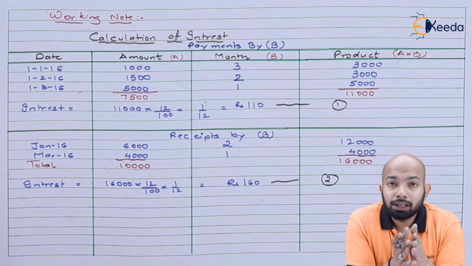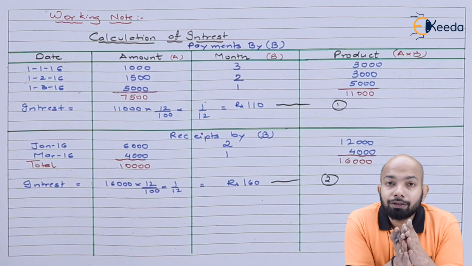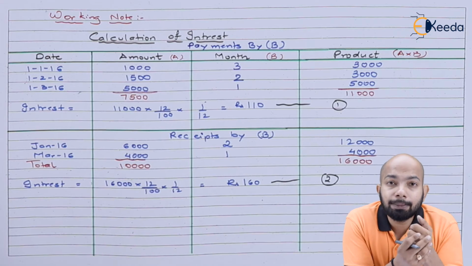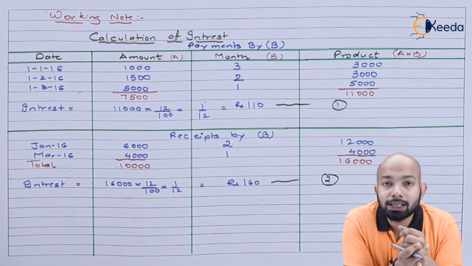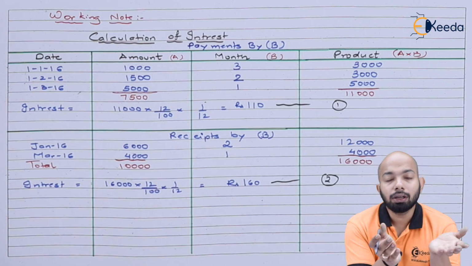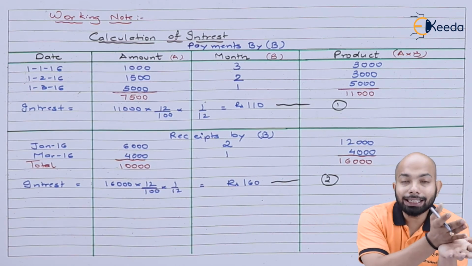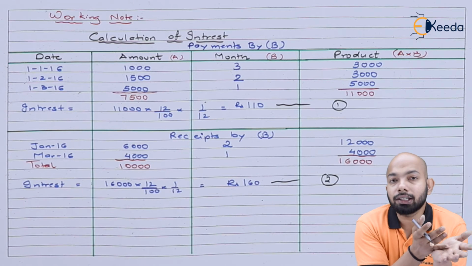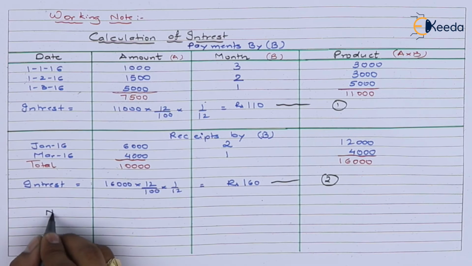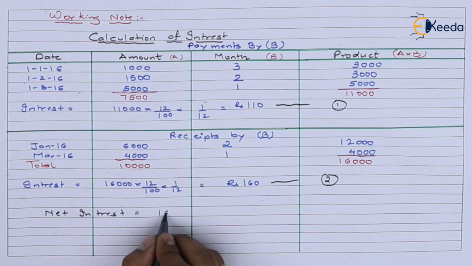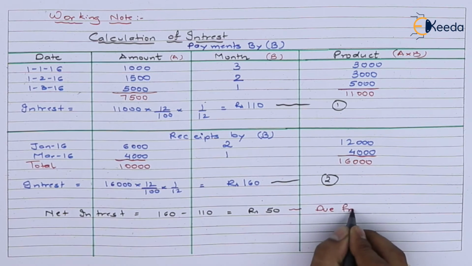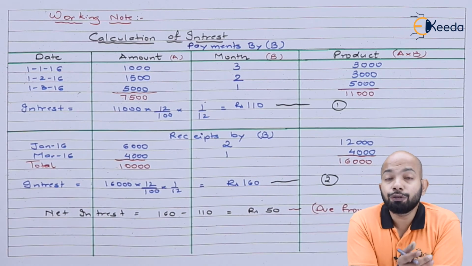Now if you see here, B has received more interest, or rather the interest that he's supposed to pay on the receipt of amount is 160 rupees, and the interest he's supposed to receive from the venture is 110. So now here B has to give the interest to the venture, that is the difference between 160 and 110. So this is due from B.